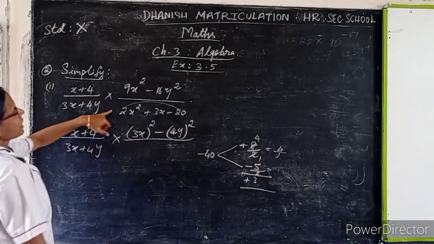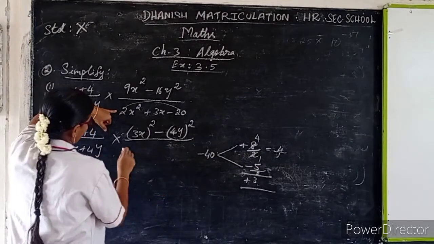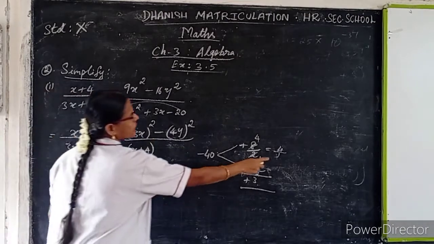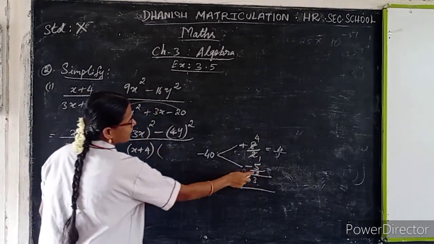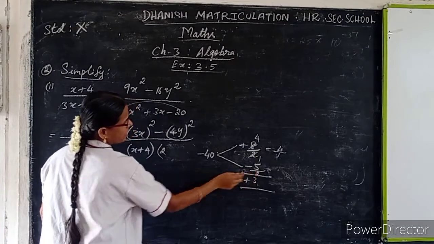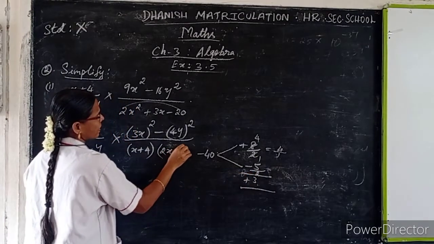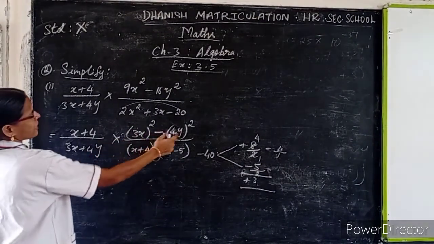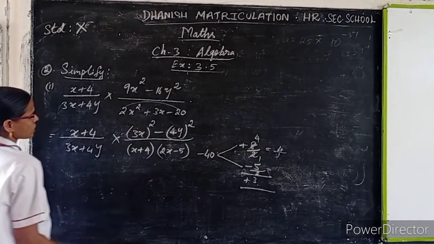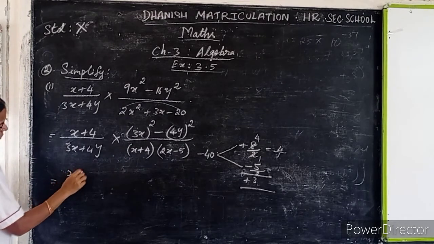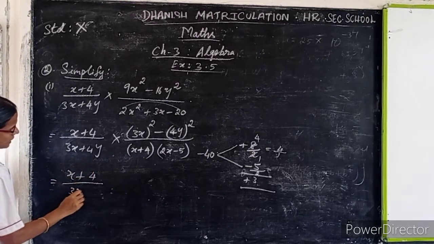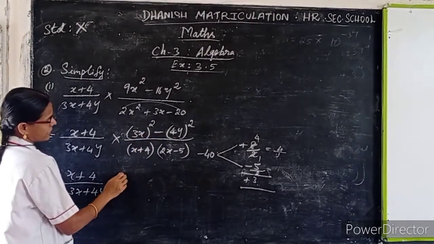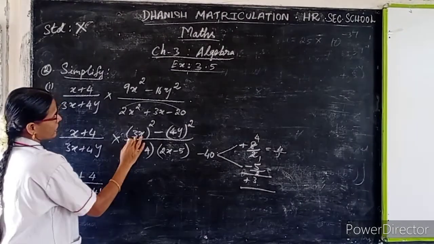So this denominator can be written as x plus 4 into 2x minus 5. These are the factors for this quadratic expression. Now the numerator is in the form of a square minus b square. The identity for that: a square minus b square can be written as a plus b into a minus b, with a as 3x.